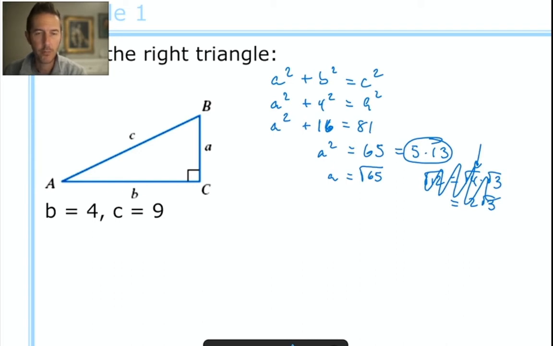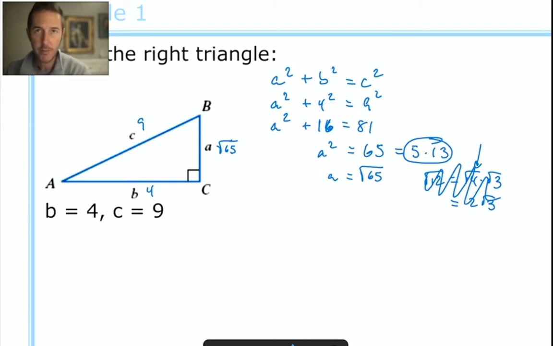We'll leave it in radical form when we type it in. Don't use a decimal approximation unless you're asked to. And if you're filling in these notes, or if you've redrawn this diagram for yourself and you want to write in the square root of 65 on the diagram, that's a fine idea. And maybe I'm going to put in these other side lengths as well.